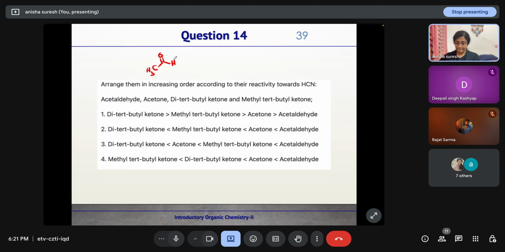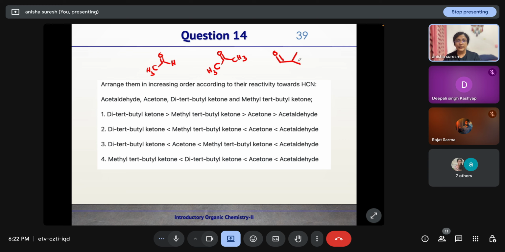Acetaldehyde, acetone. Ma'am, can we tell the answer? Yeah, I will just draw the structures. Yes, you can identify.